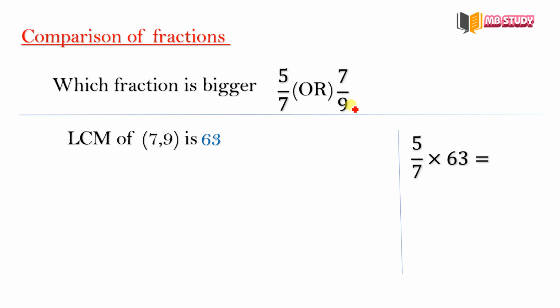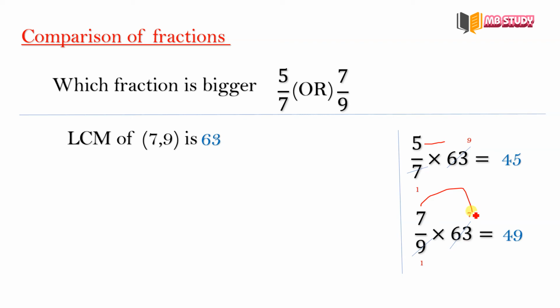Same thing: the first fraction is 5/7, and we multiply with our LCM. 7 ones are 7 and 7 9s are 63, and we multiply these two: 5 9s are 45. The second fraction is 7/9 and our LCM is 63. 9 ones are 9 and 9 7s are 63, and 7 7s are 49.